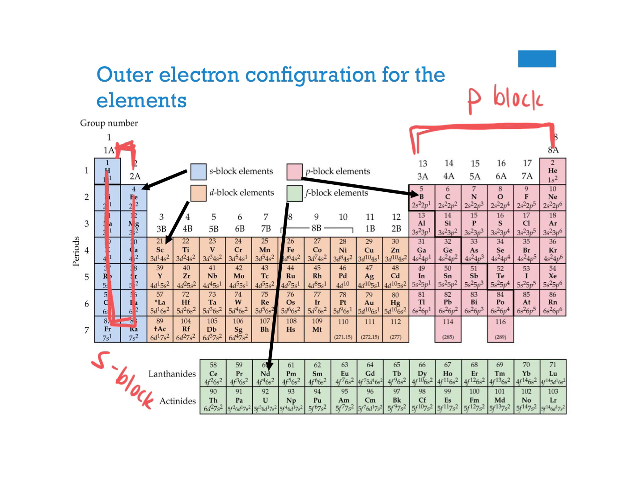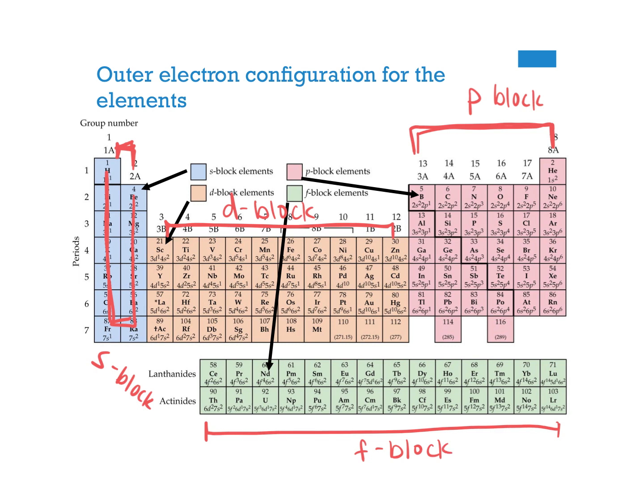This orange group in the middle, the transition metals, are the D block. And these are already written on yours, but I'm just showing you again. And then the lanthanides and actinides down here are considered the F block. So let me tell you what that means.